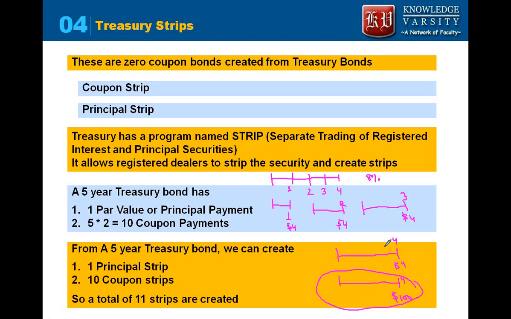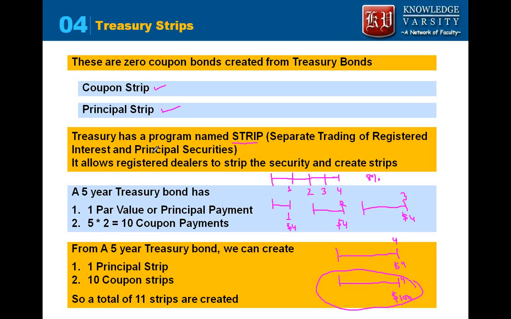So any treasury bond which has n number of coupons will be broken down into n number of coupon strips and 1 principal strip. The treasury recognizes this and it has created a special program called STRIPS, that is separate trading of registered interest and principal securities.